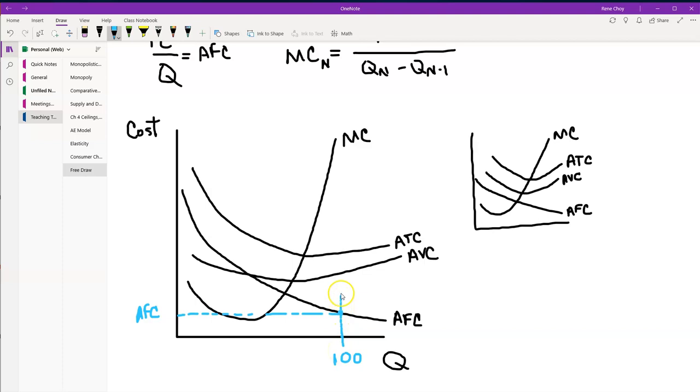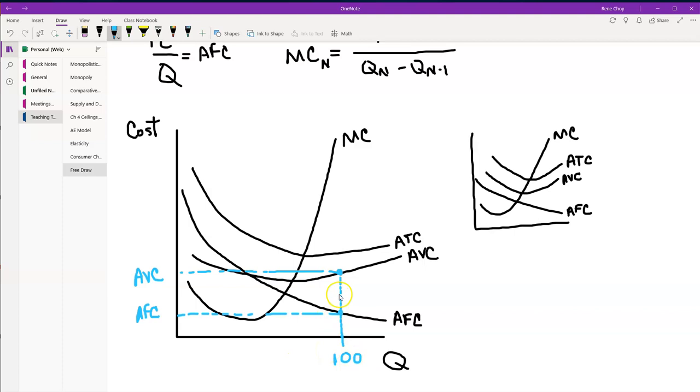At the same 100, I can go to the average variable cost line, and straight left, I'm going to find my average variable cost at 100 units.